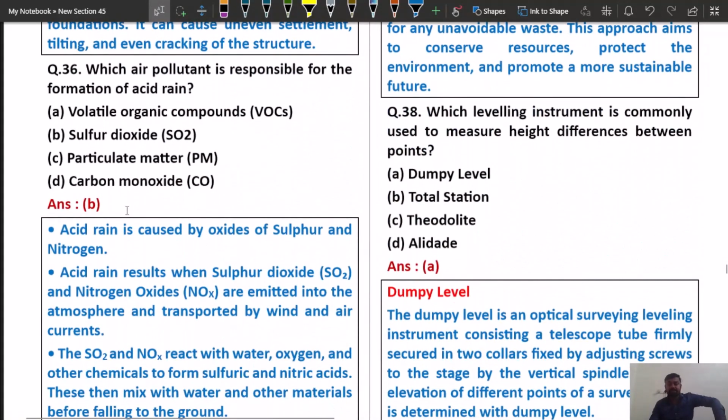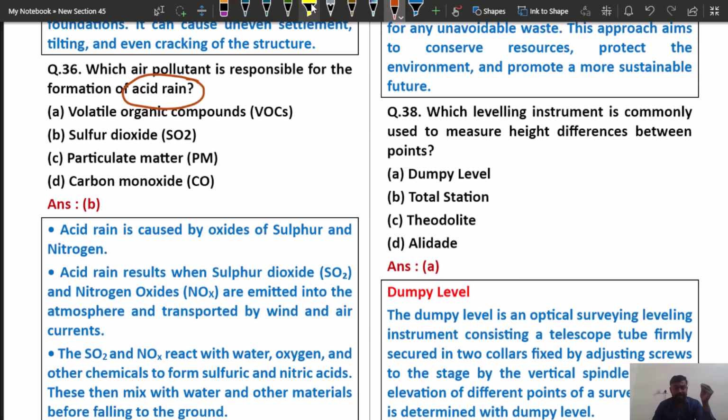Which air pollutant is responsible for the formation of acid rain? This question is related to acid formation. There are different pollutants available in our atmosphere. The options are volatile organic compounds, sulfur dioxide, and others. Which pollutant is responsible for the formation of acid rain? So what is acid rain?